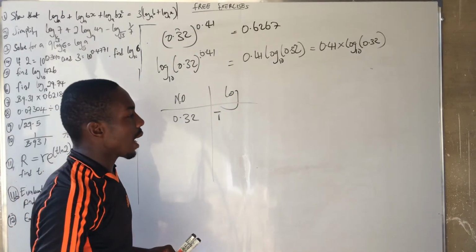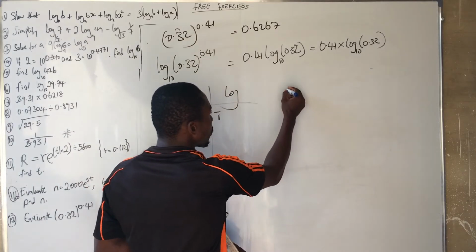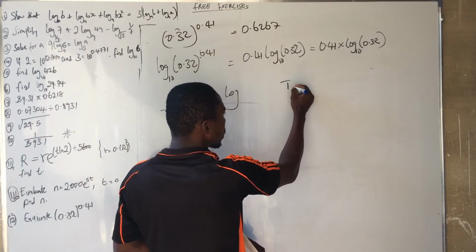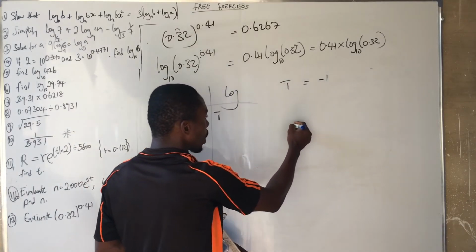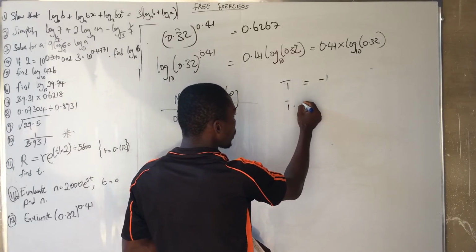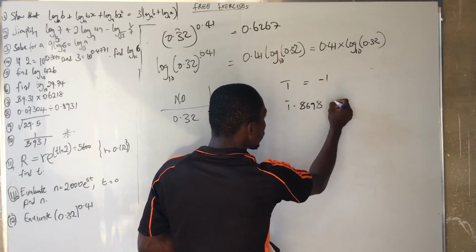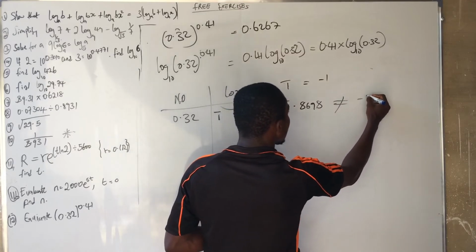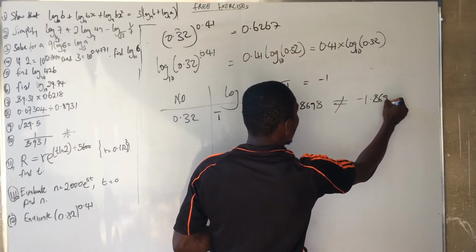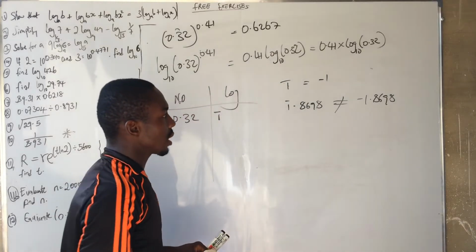And in my last video I showed that bar 1 is something like -1, but bar 1.8698 now is not the same thing as negative 1.8698. The reason is clear.